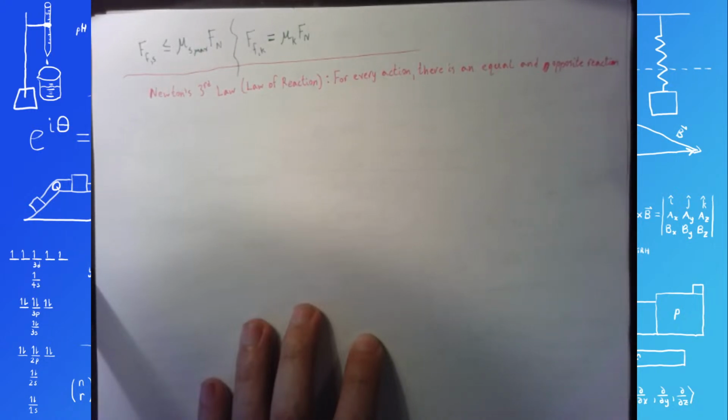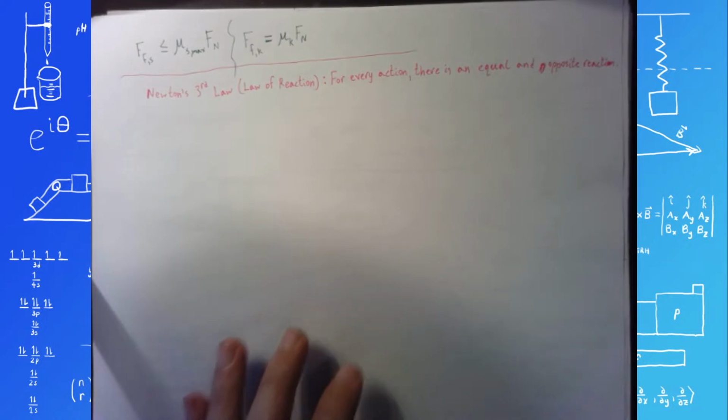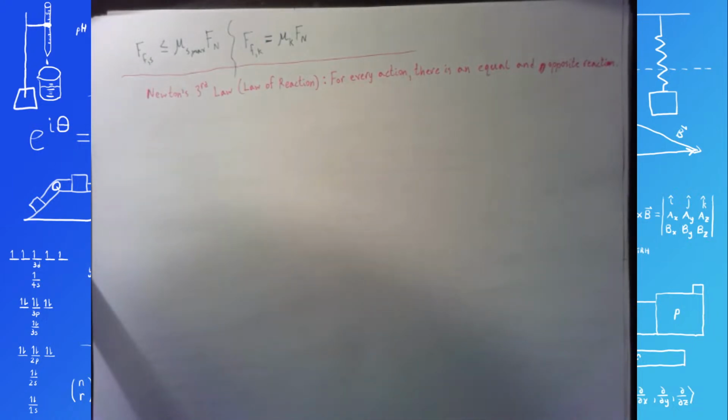That is not a very legible O, but you know what it's supposed to say. Okay, well, equal in what way and opposite in what way? Well, the opposite part is easy. Opposite in direction. Equal has more to it than just equality in magnitude. Action and reaction are a pair of forces that are equal to each other in magnitude, but that's not the only thing that's equal about them.